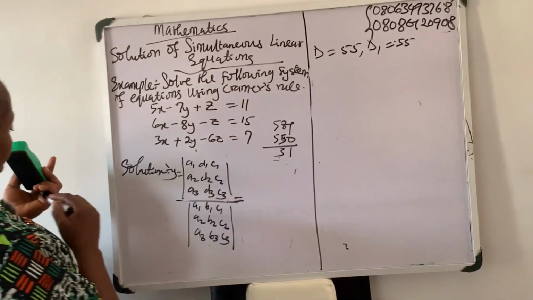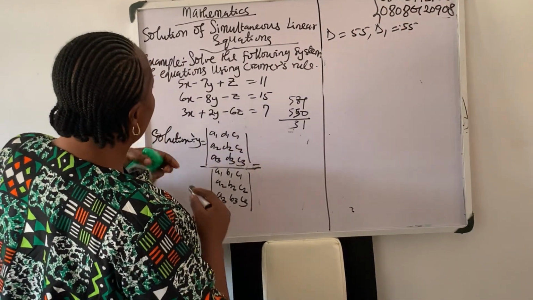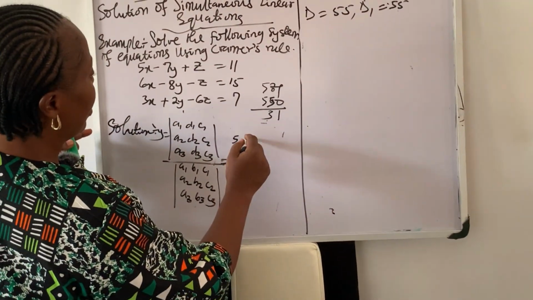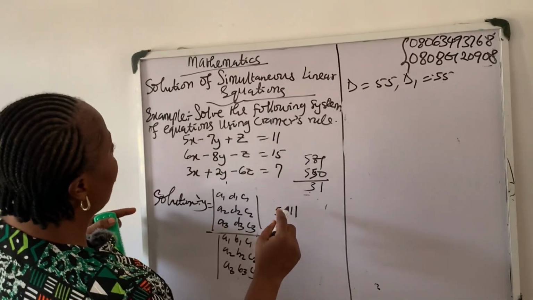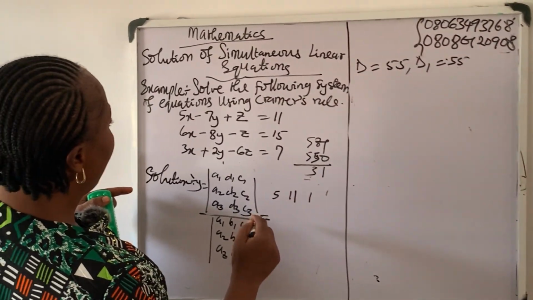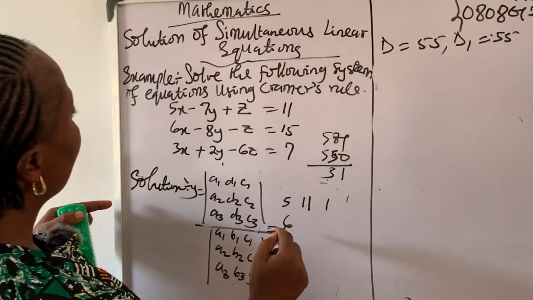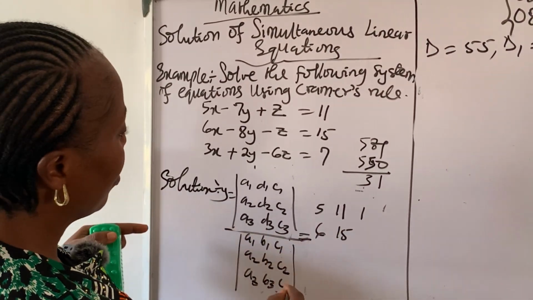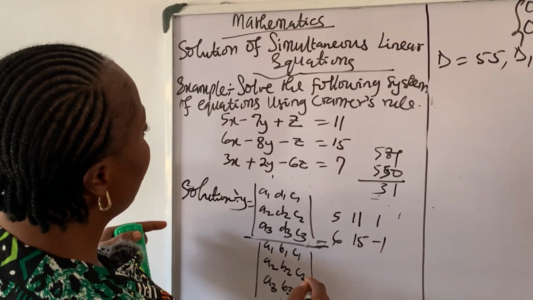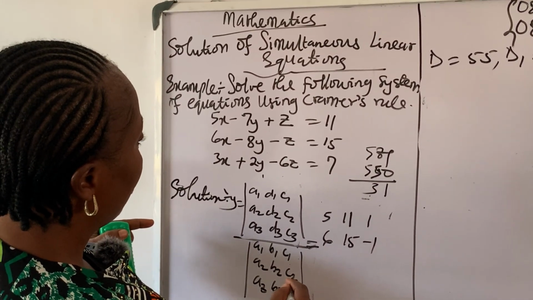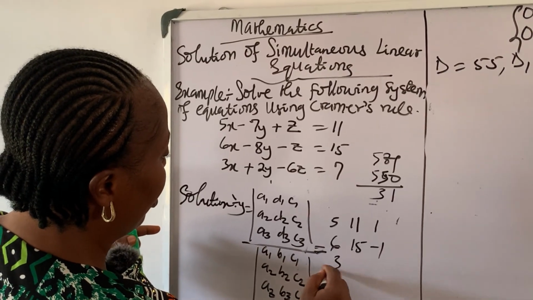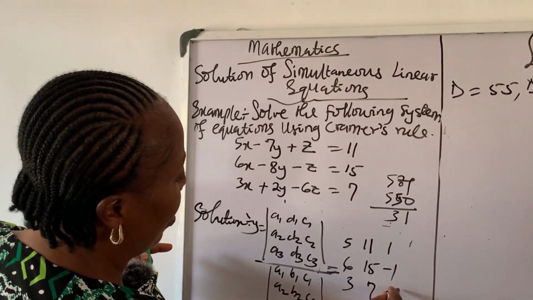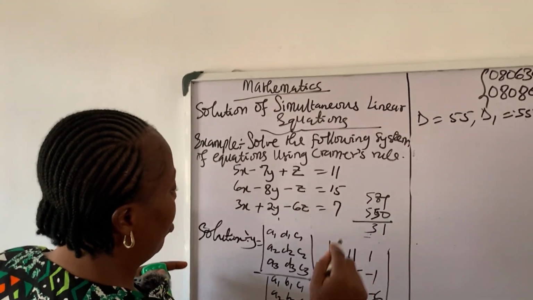Coming back to our equations, our A1 is 5, our D1 is 11, our C1 is 1, our A2 is 6, our D2 is 15, our C2 is minus 1, and our A3 is 3, our D3 is 7, C3 is minus 6, all enclosed.